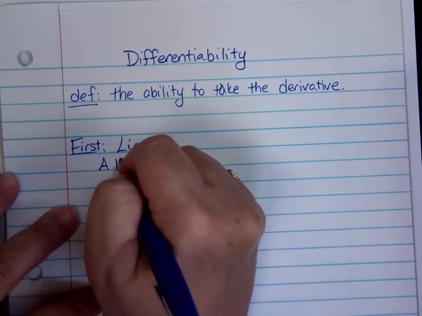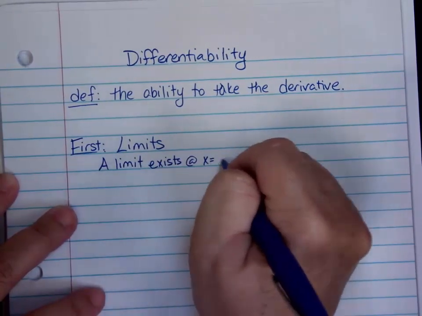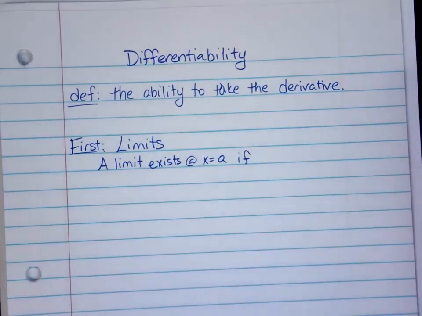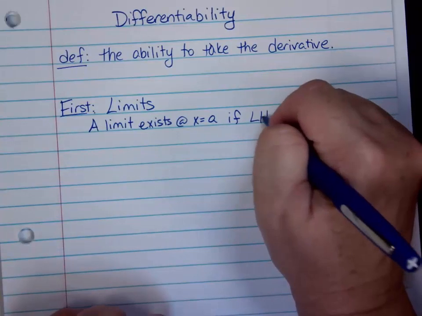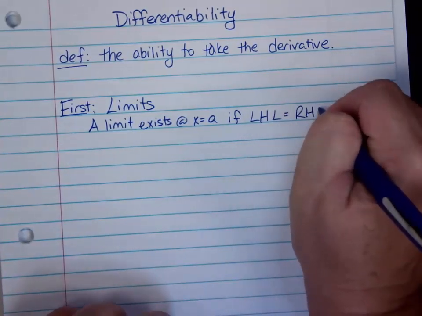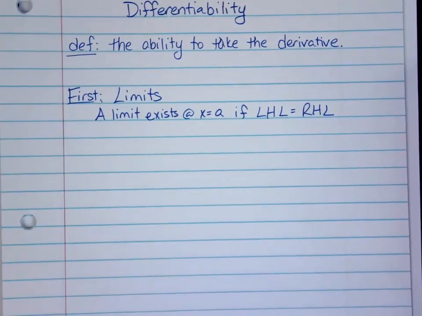A limit exists at x equals a if the LHL and the RHL, the left-hand limit and the right-hand limit, are equal. So the simplest way to look at it: if the left and right-hand limits are the same, it has a limit. If they're not, it doesn't.